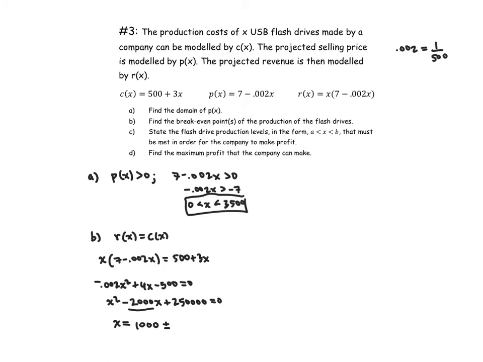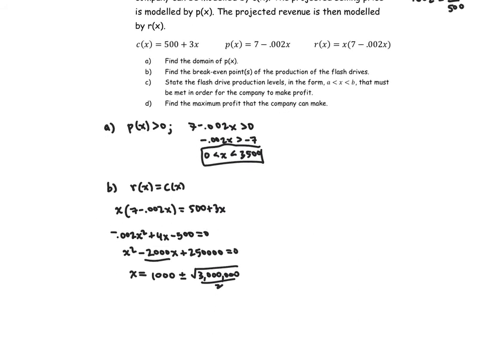I get the square root of 3 million over 2a.